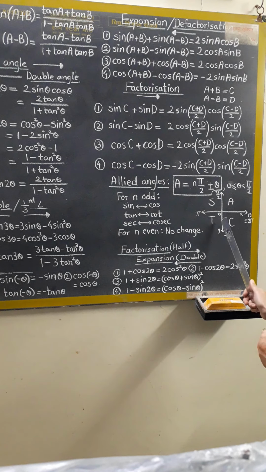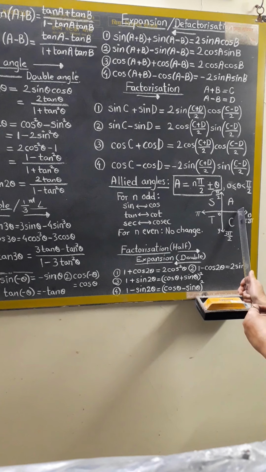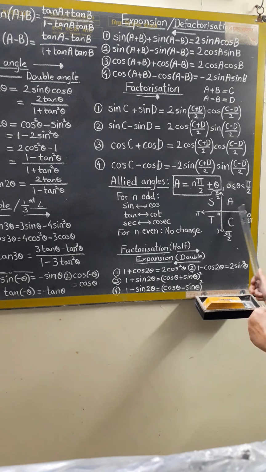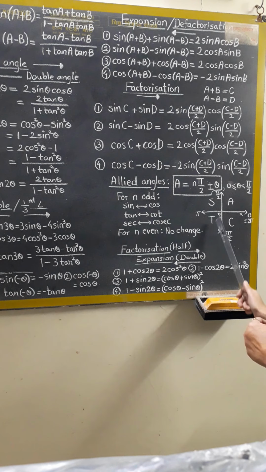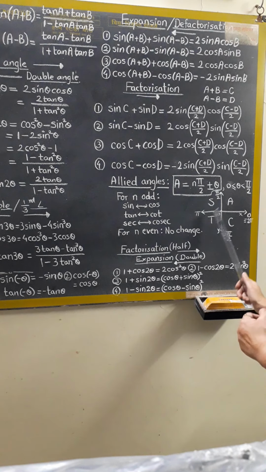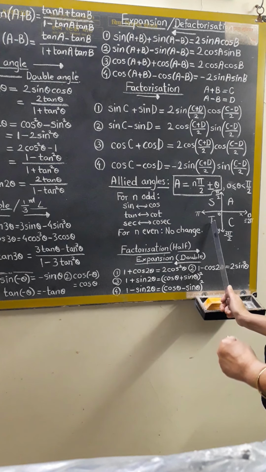Okay. Now the positioning of 260 degrees is in the third quadrant, right? Because we are always considering that the initial arm lies on the positive x-axis with vertex at origin. So the 260 degree angle is lying in the third quadrant. In the third quadrant, the tan ratio is positive, the cot ratio is positive.